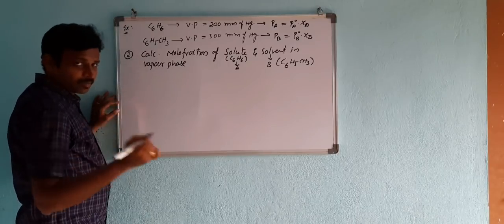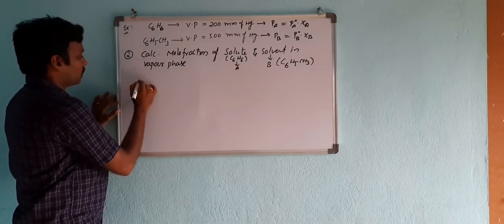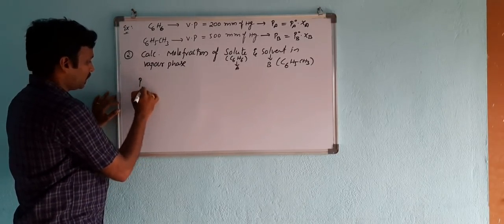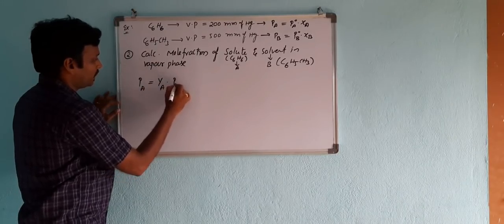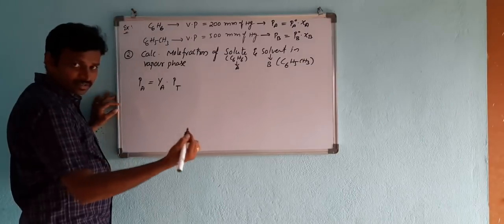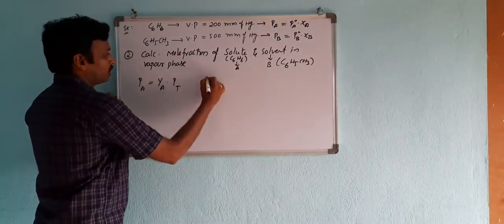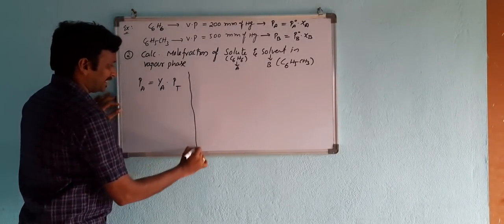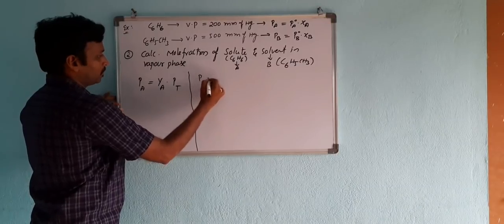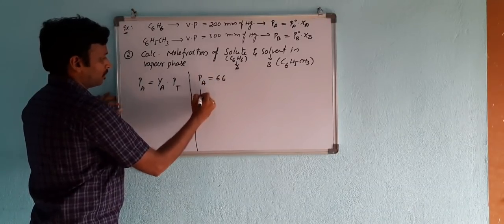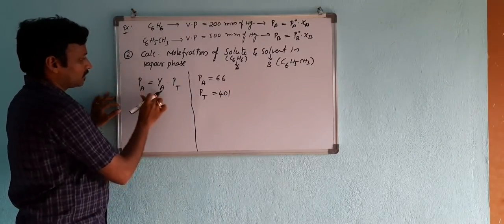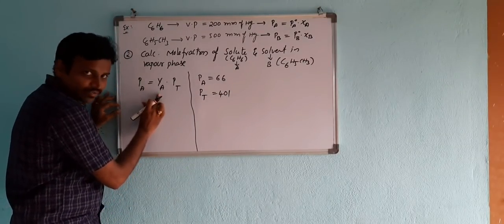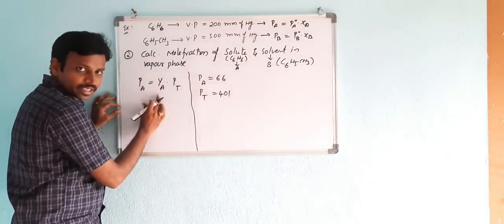I gave you that formula previously. What is that? PA is equal to YA into P total. Just a few minutes back, I gave you exactly PA: PA is 66, P total 401. So the mole fraction of A in vapor phase you can have. Getting what I am saying?